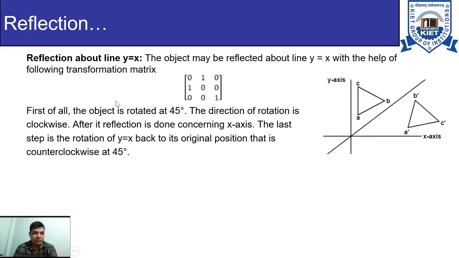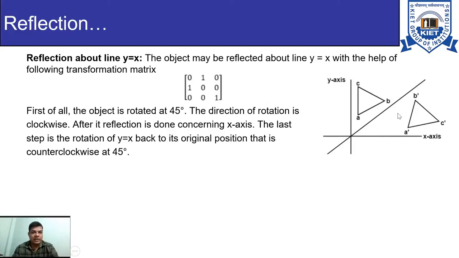Here we have another reflection, which is reflection about the line y equals x. This line has slope 1 and the intercept on the y-axis is 0, so the line is at an angle of 45 degrees from the x-axis.